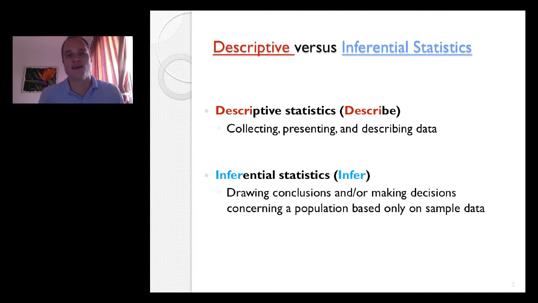Some people find that striking: only 1,200 people are used to infer something about the entire country. But there is sound statistics behind that, and once we get to the chapter on sampling distributions, that should be clearer.